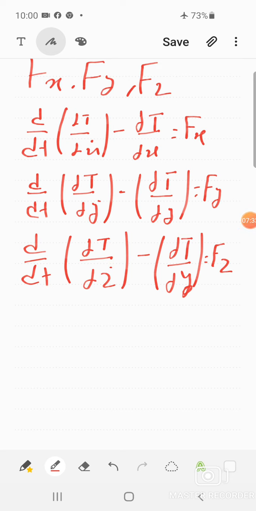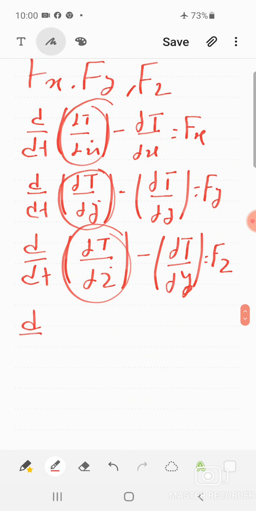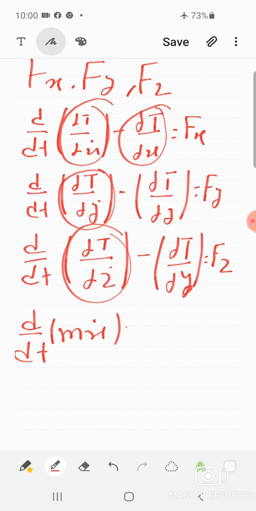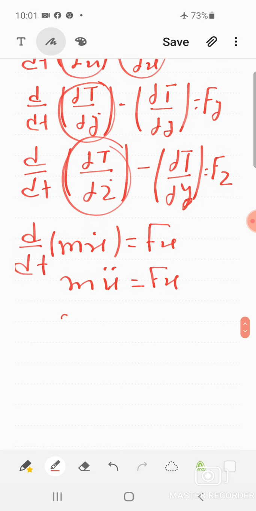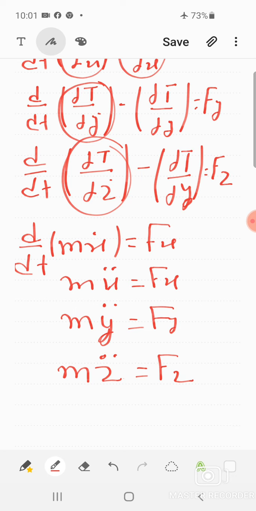Then putting the values of curl T by curl x dot, curl T by curl y dot, curl T by curl z dot, which we have found above, we will get d by dt of m x dot, as curl T by curl x dot was equal to m x dot, and curl T by curl x will be equal to 0, and will be simply equal to Fx. That means m x double dot will be equal to Fx, simply, m y double dot will be equal to Fy, and m z double dot will be equal to Fz.